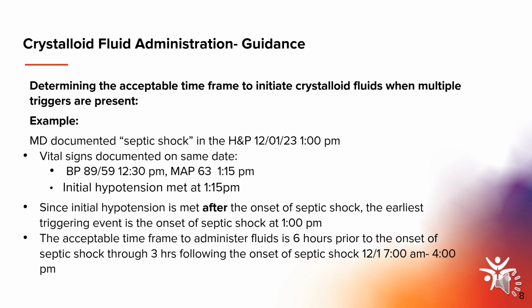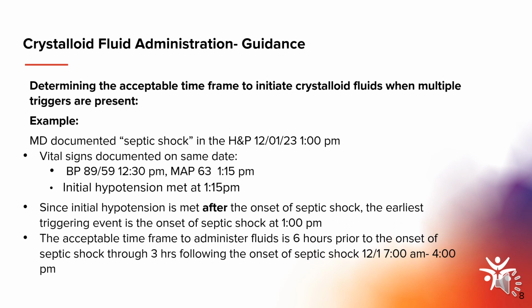The MD documented septic shock in the H&P at 1 p.m. Vital signs on the same date were blood pressure of 89/59 at 12:30 and a MAP of 63 at 1:15. So the initial hypotension for this patient was actually met at 1:15 p.m.